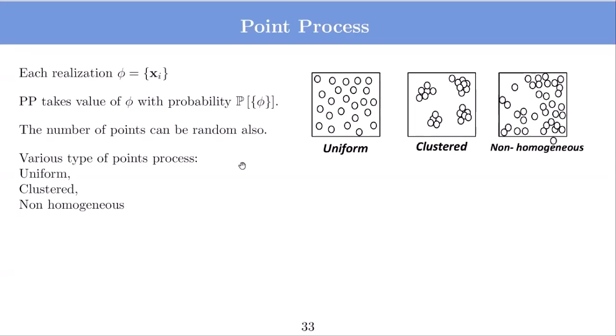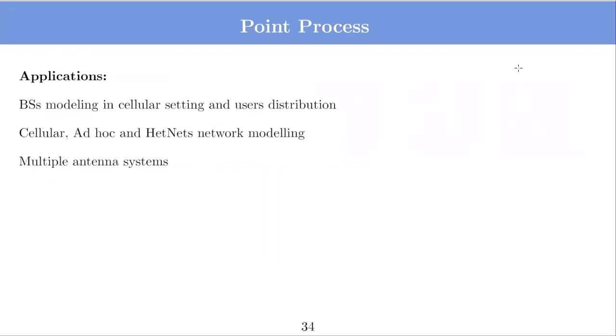And then depending on how the point process looks, you can have a uniform point process where the points are uniformly located. You can have clustered points where there are different clusters. And then you can have a non-homogeneous process where in some locations the density is more and in some locations the density is less. What are the applications of point processes? How are we going to apply this?